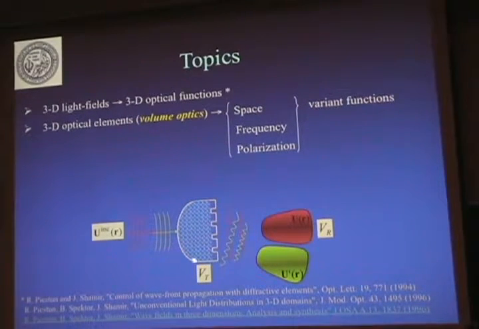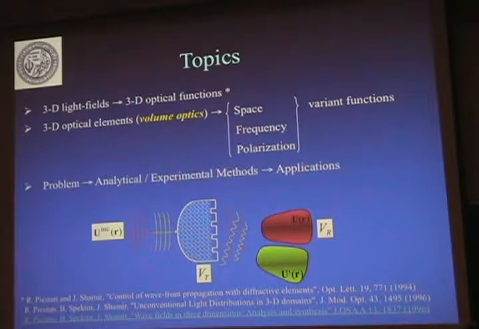But today I'm going to talk about this part of the problem, which is volume optics that can control frequency, space, and polarization properties of light. And this involves some problems in terms of analytical statement of the problem and some complicated experimental methods, and we are going to show the first results in these areas.